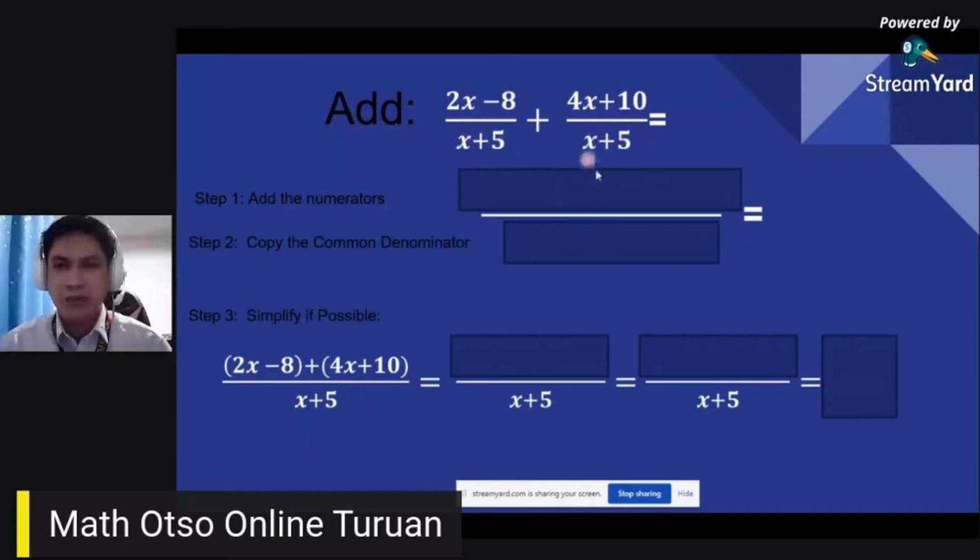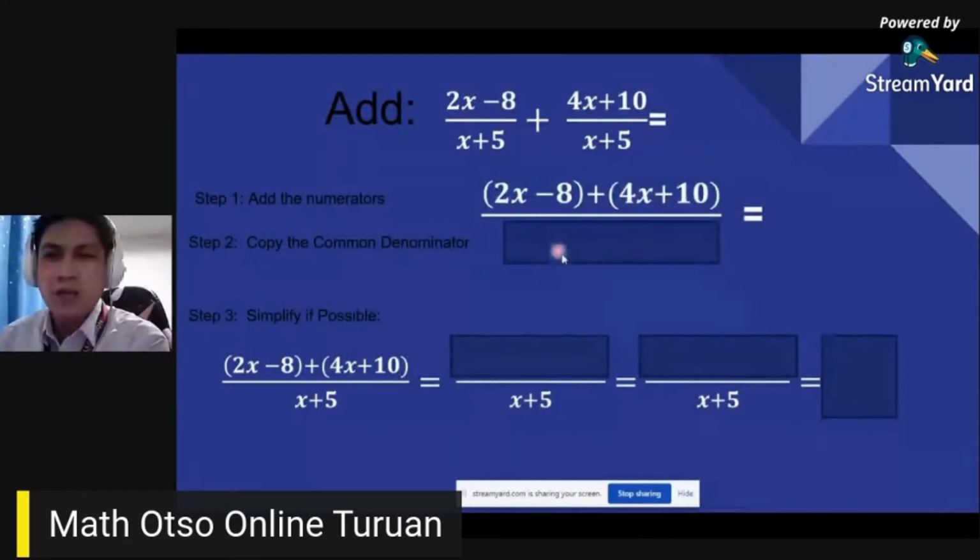So what are we going to do? Again, step 1, add the numerators. We first put grouping symbols because they are binomials. So 2x minus 8 plus 4x plus 10.